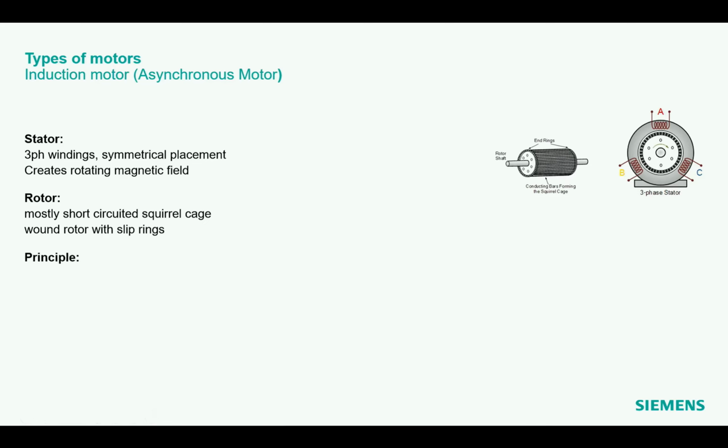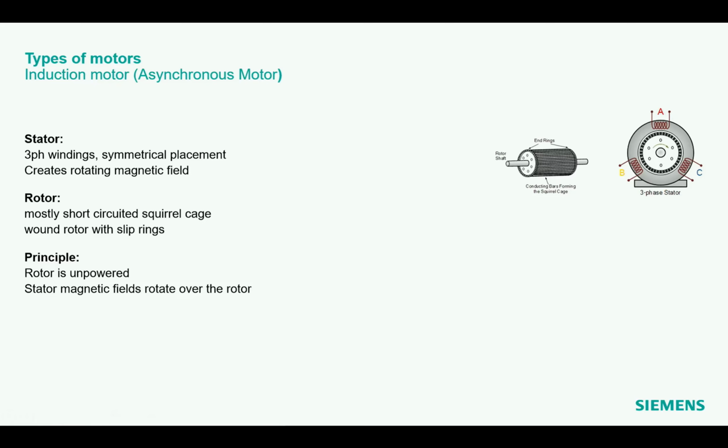The principle now is the following. I have this rotating field of the stator. The rotor itself is unpowered. As you already saw, there is no current injected. It's just a short-circuited cage in this case. What now happens is that the magnetic field of the stator rotates over the rotor, induces a voltage in the rotor bars, and a current comes as a consequence.